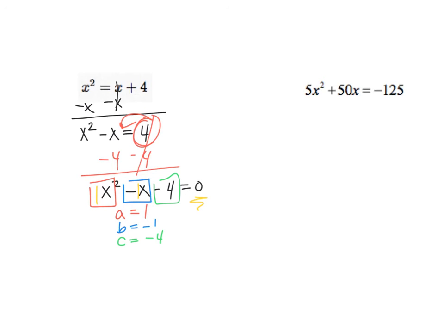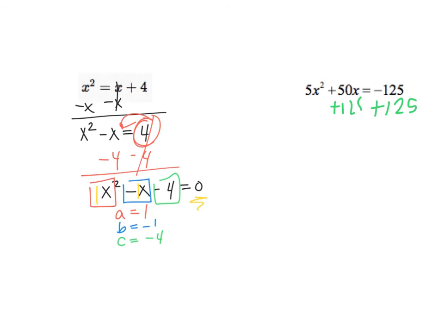So I look at this equation. I have 5x squared plus 50x equals negative 125. I ask myself, is it equal to 0? I look at it, it's not equal to 0. So I have to get it equal to 0. I look at my negative 125 and I say to myself, the only way to get rid of that negative is to add. So to get rid of that negative 125, I add 125 to both sides.